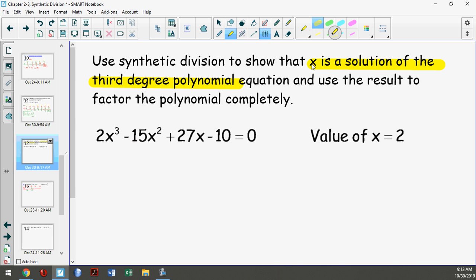Now, the other thing is it says it's degree 3. So since it's degree 3, how many solutions should this thing have?